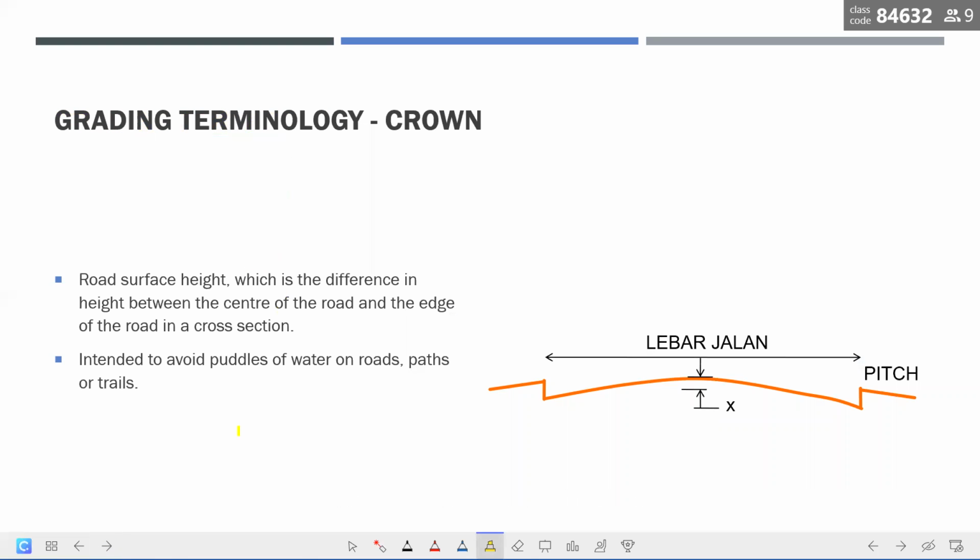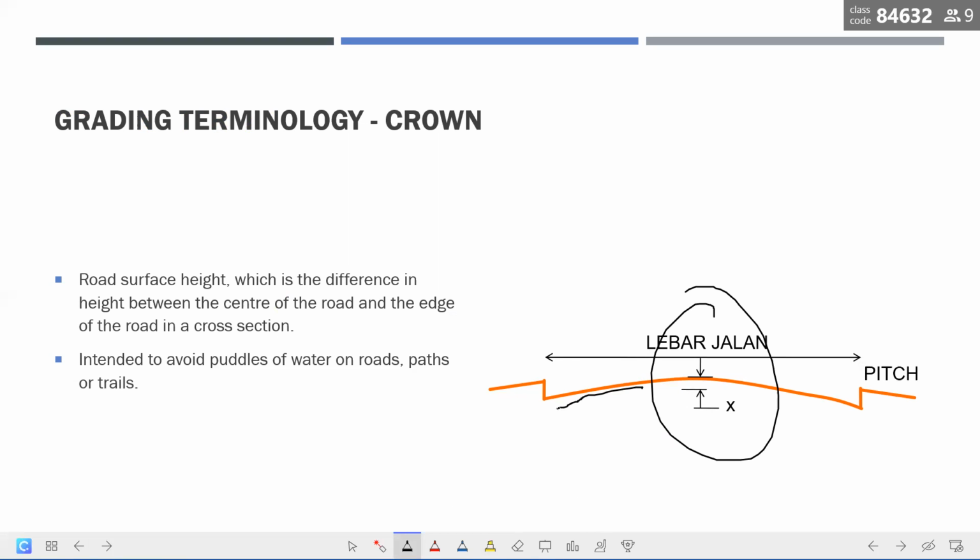A few other grading terminologies. Here is a crown. A crown refers to road surface height. The difference in height between the center of the road and the edge of the road in a cross section, as illustrated here. So the idea is to avoid puddles of water on the road, especially in the middle of the road.